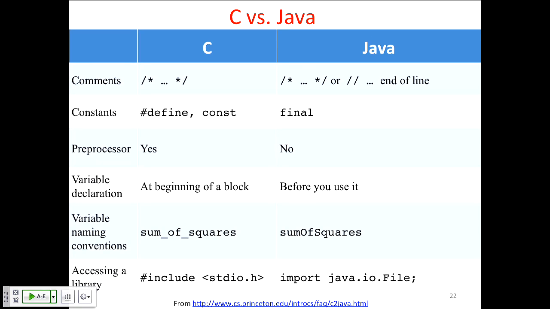In Java, you have the final keyword, an equivalent thing. So C has this preprocessor, Java doesn't. C has this restriction that all the variables you use in a block of code have to be declared at the top. You can't just declare them as you need them along the way, at least not in the older C variants. That's come in with the newer C variants, but in traditional C, all the variables are declared at the top of a block, which is kind of annoying, but that's the way it is.